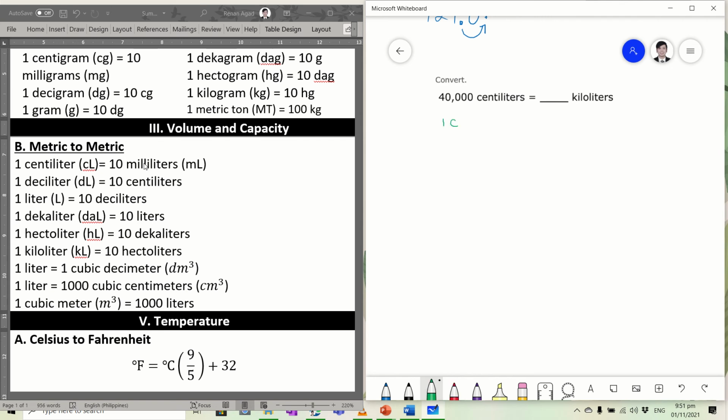So 1 CL is equal to 10 ml. 1 deciliter is equal to 10 CL. Then 1 liter is equal to 10 deciliters.